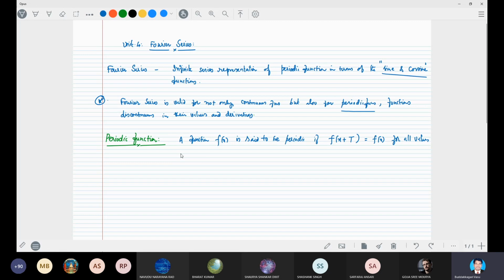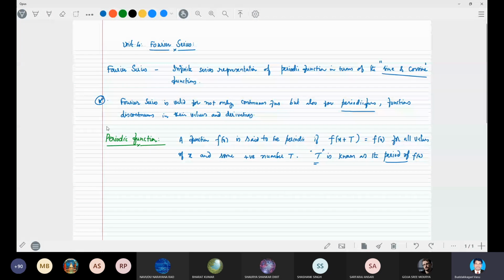For all values of x and some positive number t, where t is known as the period of f(x).